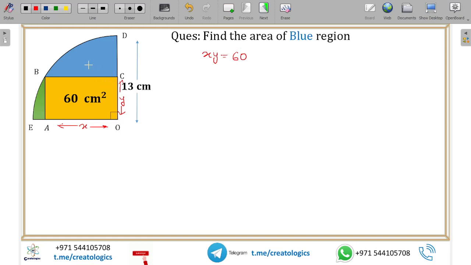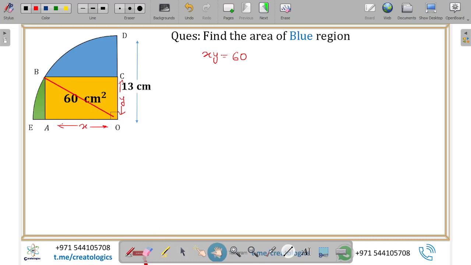Also, I need to find the area of this blue region. The process is that first I will join the diagonal OB right here, and using this, first I will try to calculate the side lengths of the rectangle.